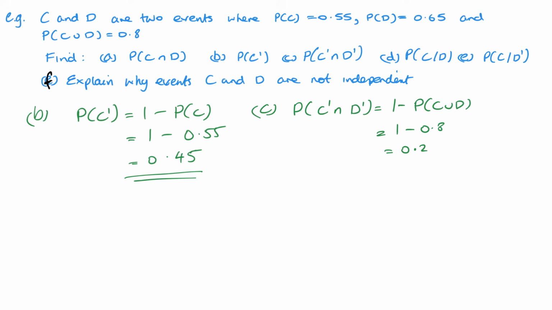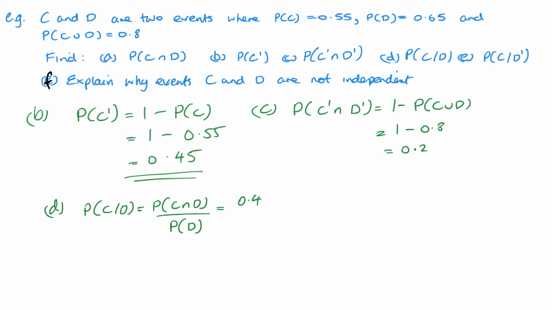Of course, I'm trying to use the values that we are given. Now, part D, the probability of C given D has happened. This is the probability of C intersection D over the probability of D. Now, the probability of C intersection D is 0.4.